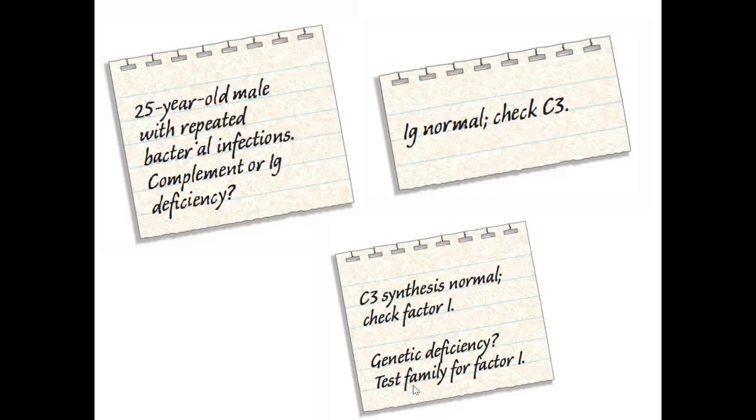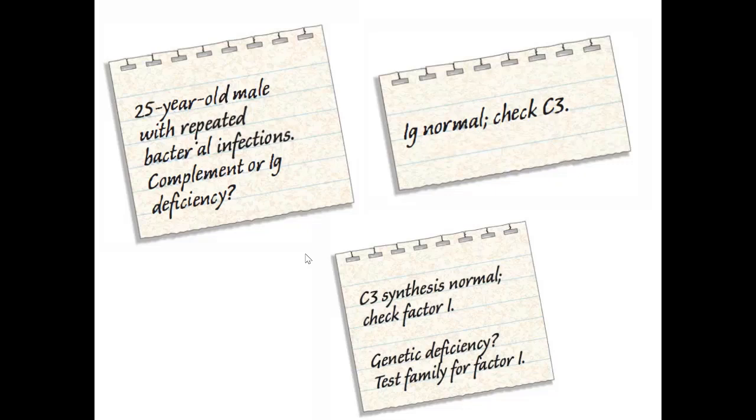But after genetic investigation of this patient, it is found that this patient has a genetic deficiency in factor I, not a genetic deficiency in C3 or factor B. And now the question is how the deficiency of factor I results in a decreased level of C3 and factor B. Please answer this question in the Navid site and send it to me in the Navid site.